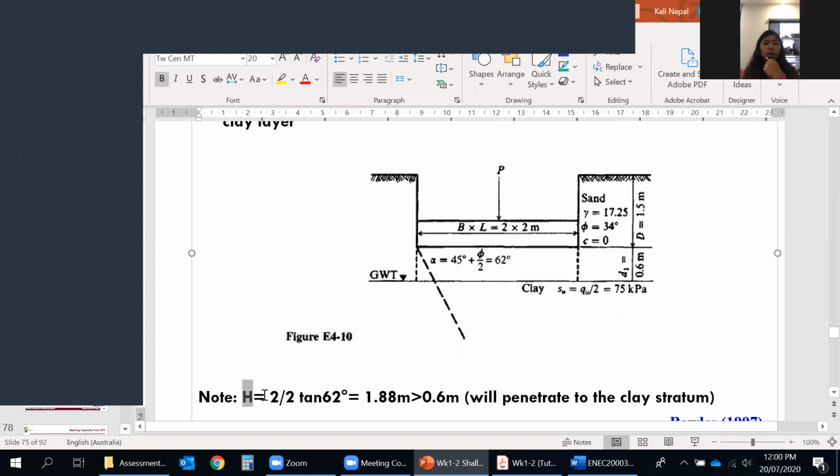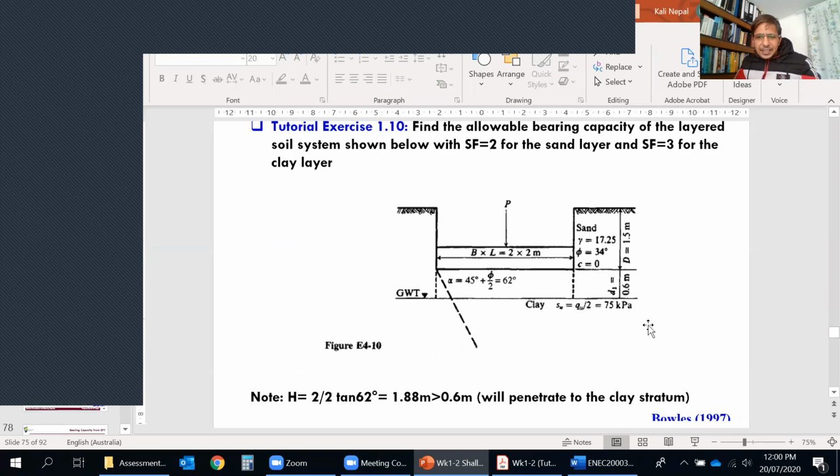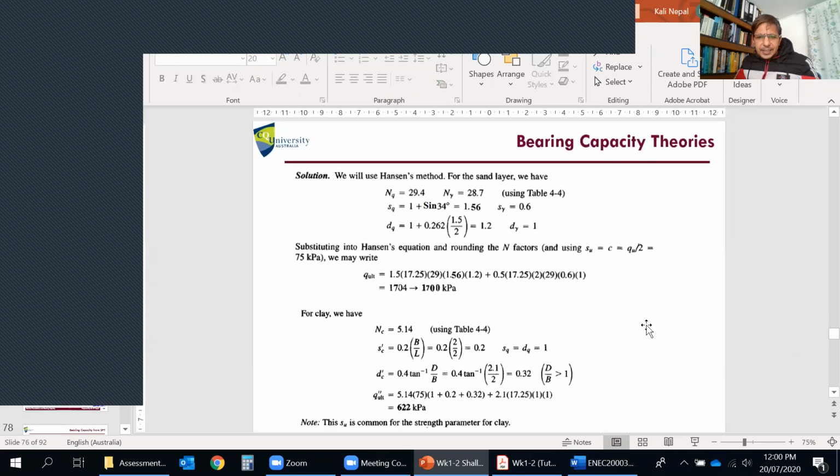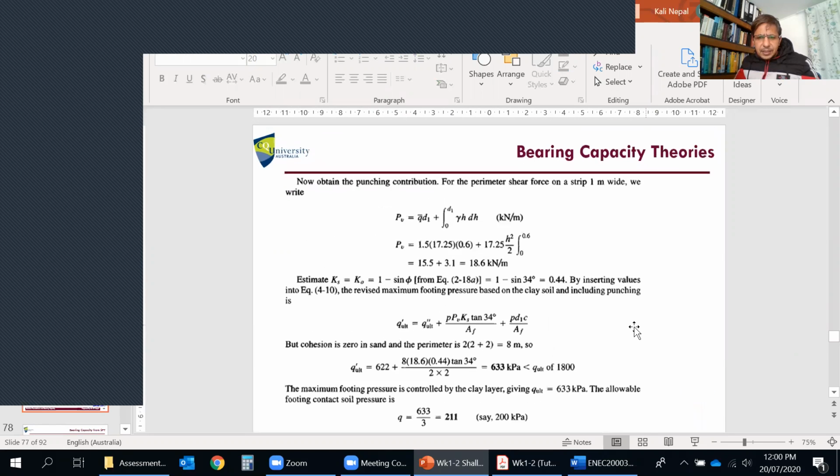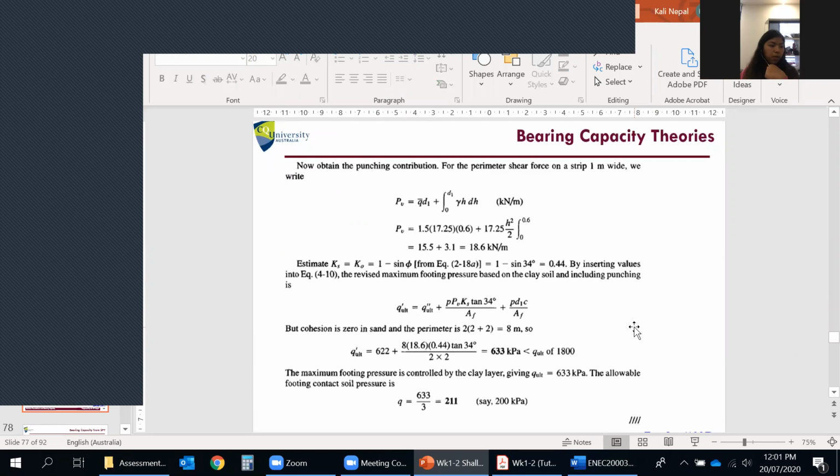Oh, I have to substitute that H value? Yeah, I think there is an equation. What is PV equal to? PV equal to Q bar D1 plus. Oh, that's only the top part. This is only the top part, right?